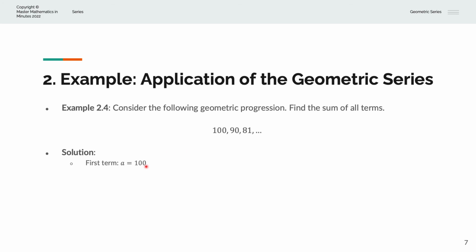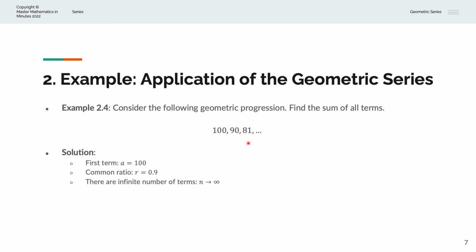So we have a equal to 100 as the first term, and the common ratio r equal to 0.9, because 100 multiplied by 0.9 is 90, 90 multiplied by 0.9 is 81, and so on.